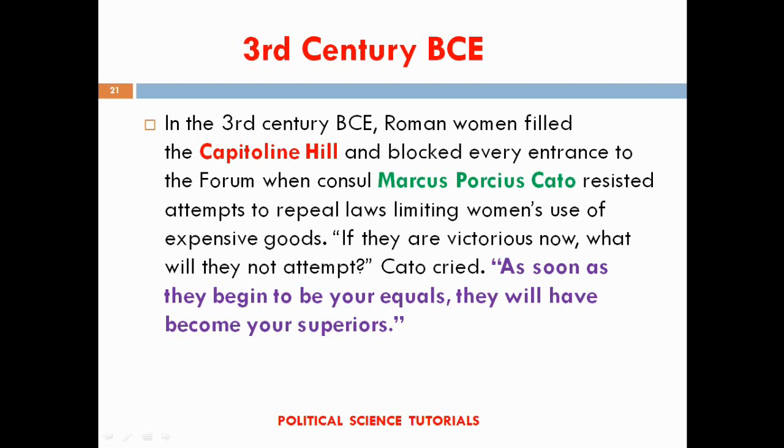With time and with different perceptions, the fights are going on in different forms. The incident of Rome is only an example. This type of incident happened in different countries in past history where women protested against their inferior status in society, and still it is going on.